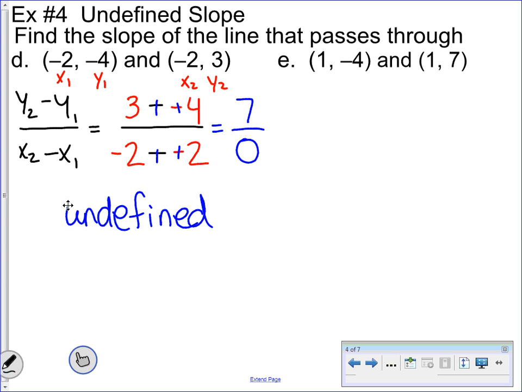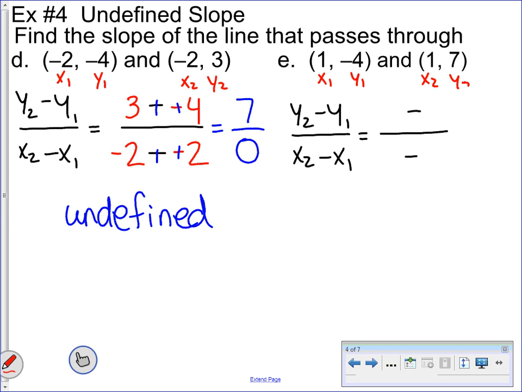Now you should try the last one here and see if you can also get a 0 on the denominator. I'll set it up now. So y2 will be 7, y1 is negative 4, 1 is x2, and 1 is x1.